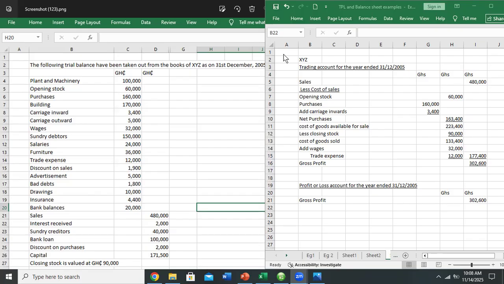Another one could be commission received. So this sole trader might be offering services to other people and takes commission. For example, if you are a tomato seller, your main trading is buying and selling tomatoes.